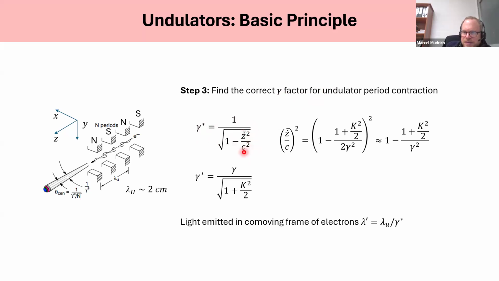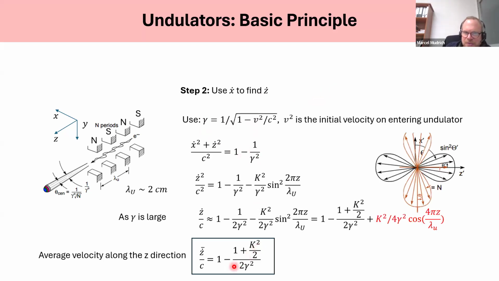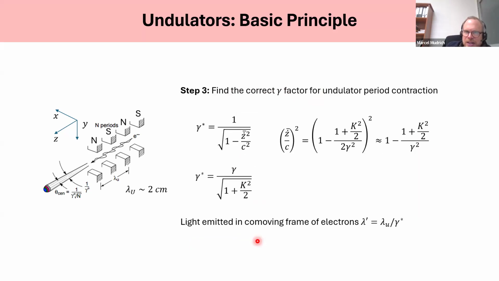So if we inject the expression from the previous slide into that expression, and again assume that gamma is large, we expand the square expression up to the first order. Then there's just a factor of 2. That's just the binomial formula, and we keep the linear term. The factor of 2 comes in front.